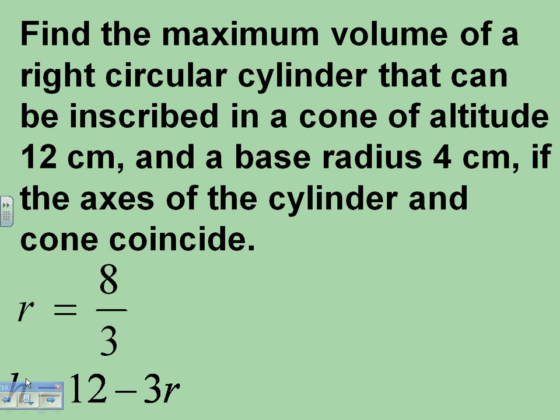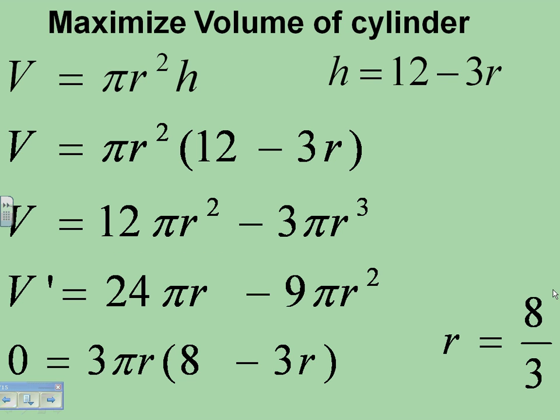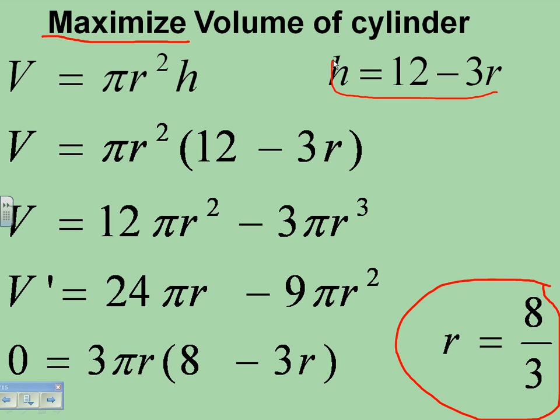So anyway, we got the r is 8/3. It says find the maximum volume that can be inscribed. So I got the 8/3. I took the 8/3 from this equation. I'm going to find the height and then put it into this equation.